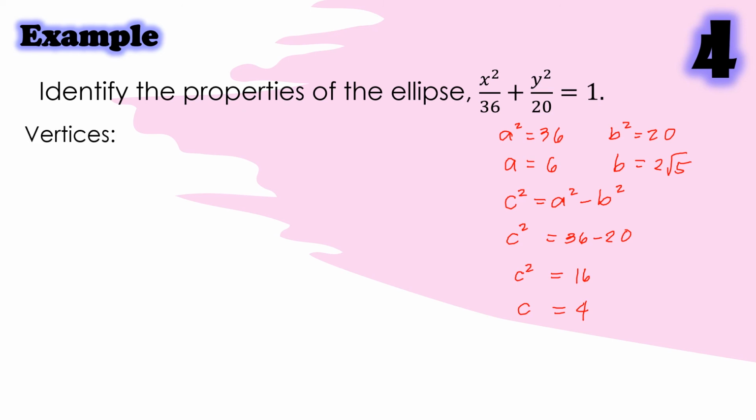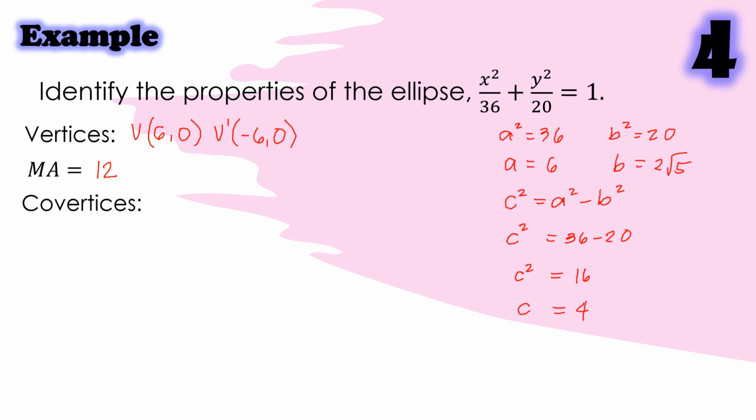We have the vertices at points a is equal to 6. Hence, we have V at 6, 0, and V prime at negative 6, 0. The major axis is 2a, so we have 12 units.